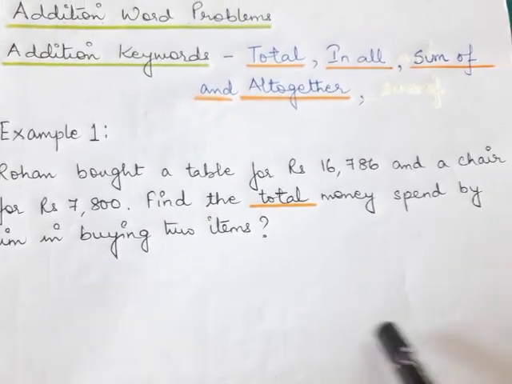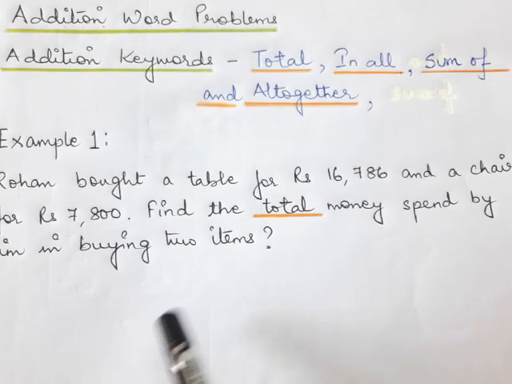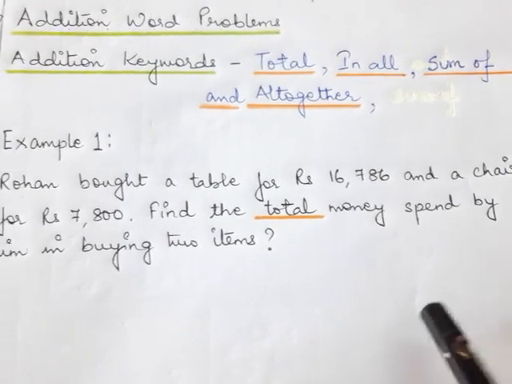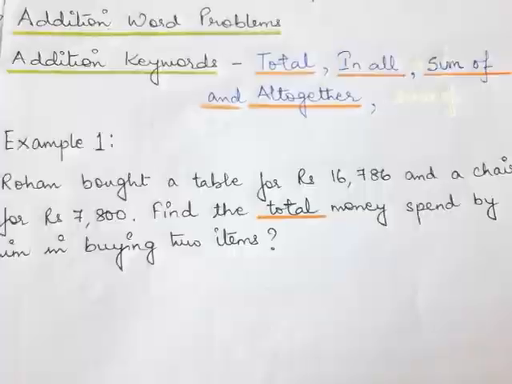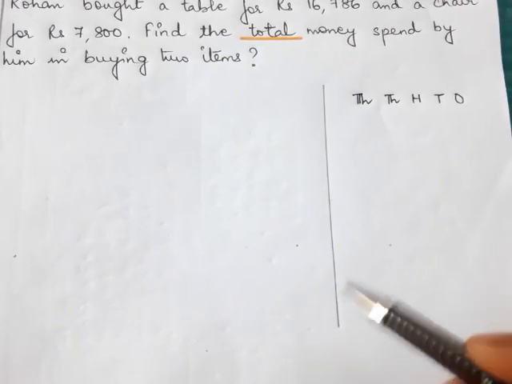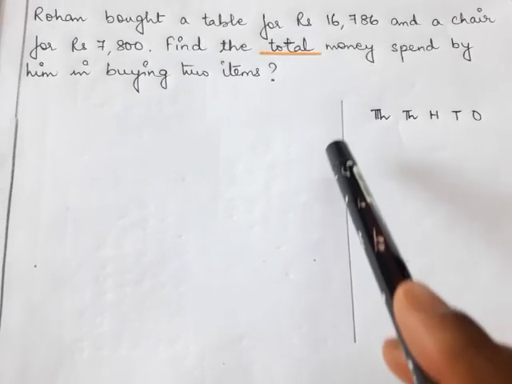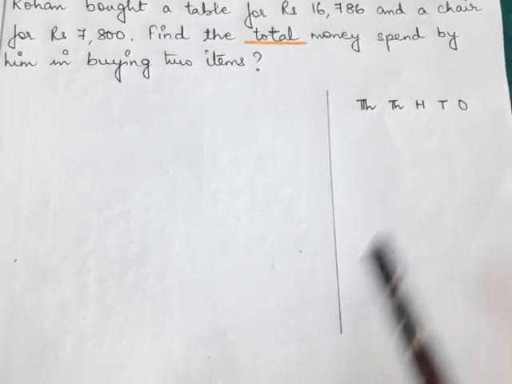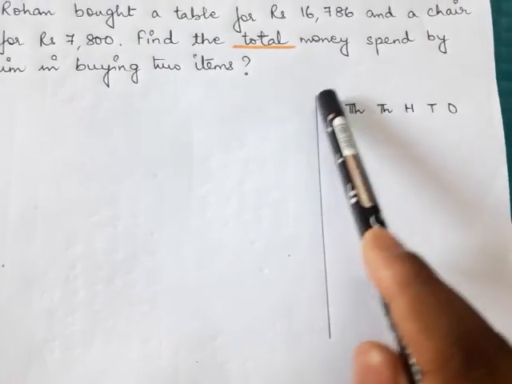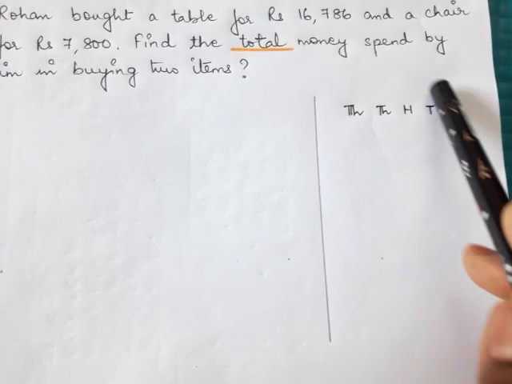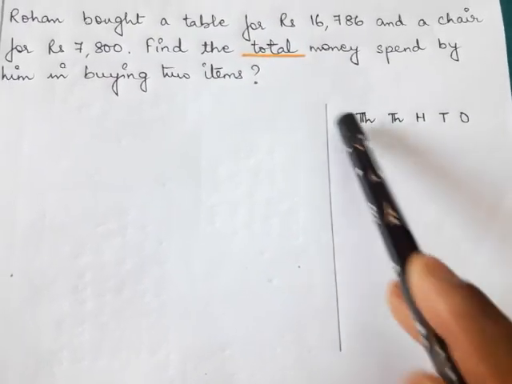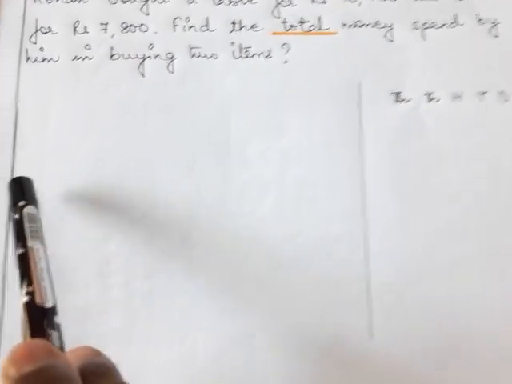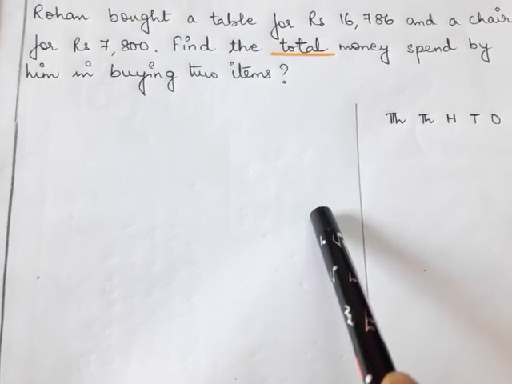Okay, I'll show you the process and the format of how you will be solving your word problem sums. Now see students, you have to draw a line here and you will write the places here, and you will be writing your statements here.